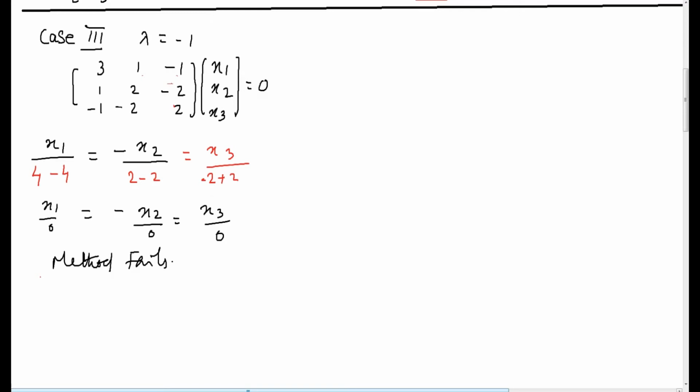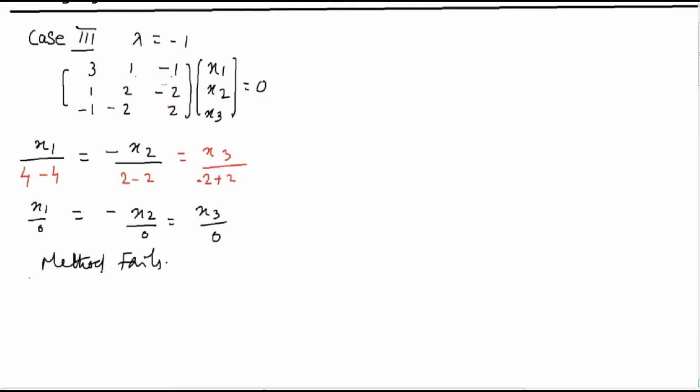So, in this case, we take row 1 and row 2. Instead of x1 by minor of a11, we take x1 by minor of a31.